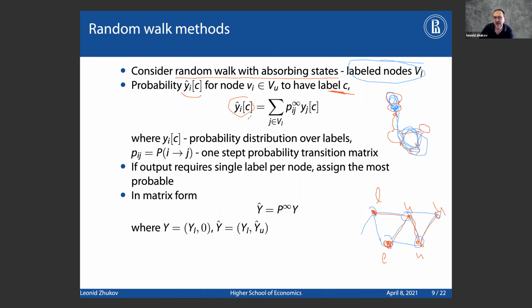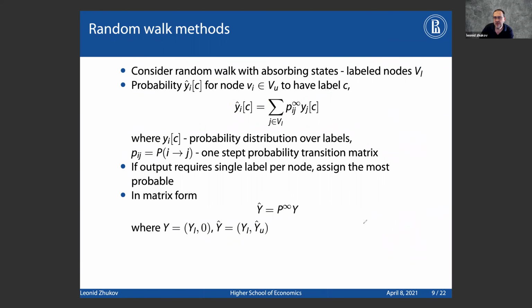We're going to sum over all labeled states, all absorbing states, of all the walks that end up on those absorbing states. What this says is the following. We start at some node. Let me try to do it again. Say we have a graph.